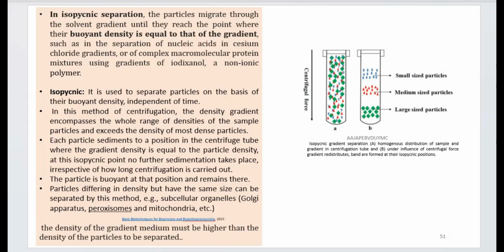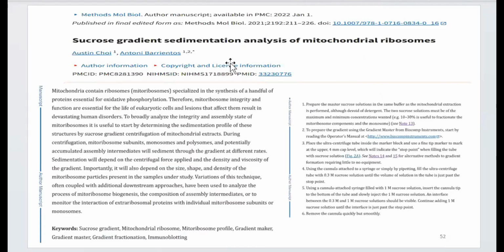Now, when it comes to applications, we have seen that sucrose can be utilized. Here, I am sharing one paper with you: sucrose gradient sedimentation analysis of mitochondrial ribosomes. What are mitochondrial ribosomes? You have ribosomes outside the mitochondria which are involved in total protein synthesis of the cell.